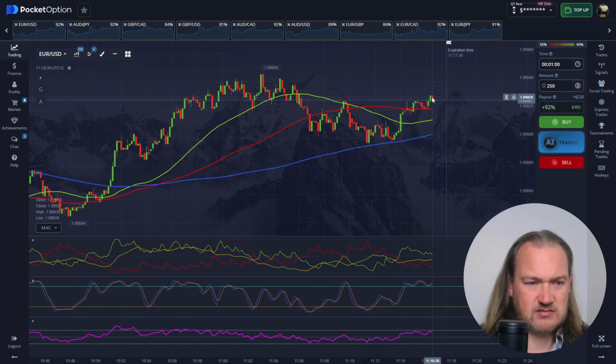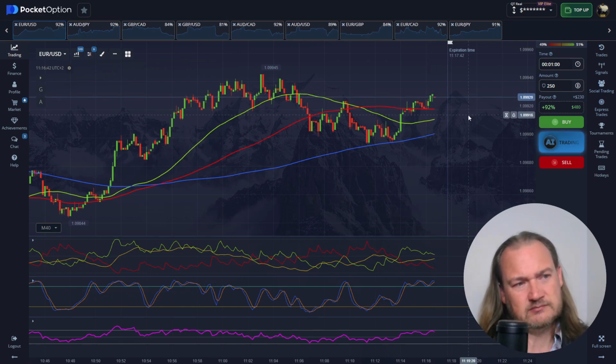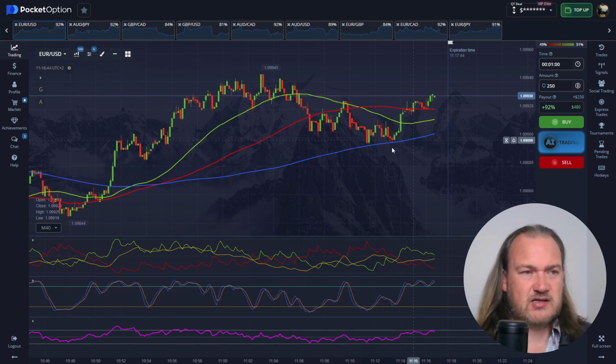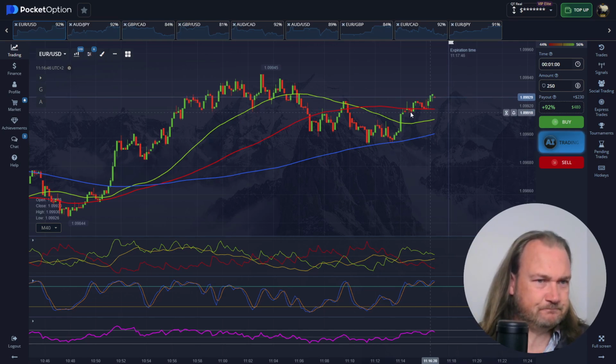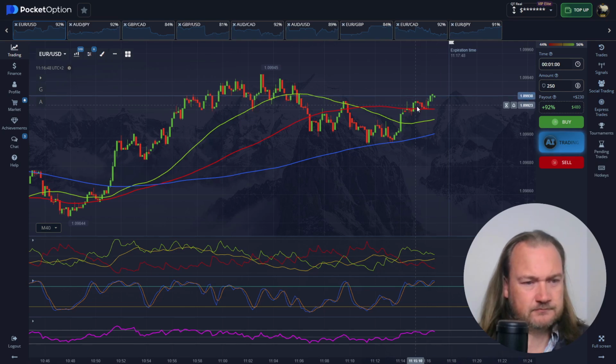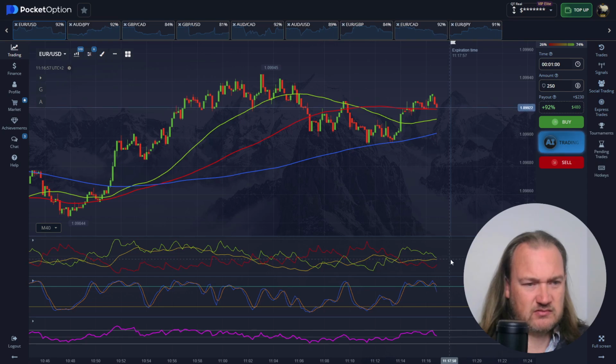Let's see. Does look like it's changing direction again, right? ADX is still climbing. What is the value? 26-ish now.